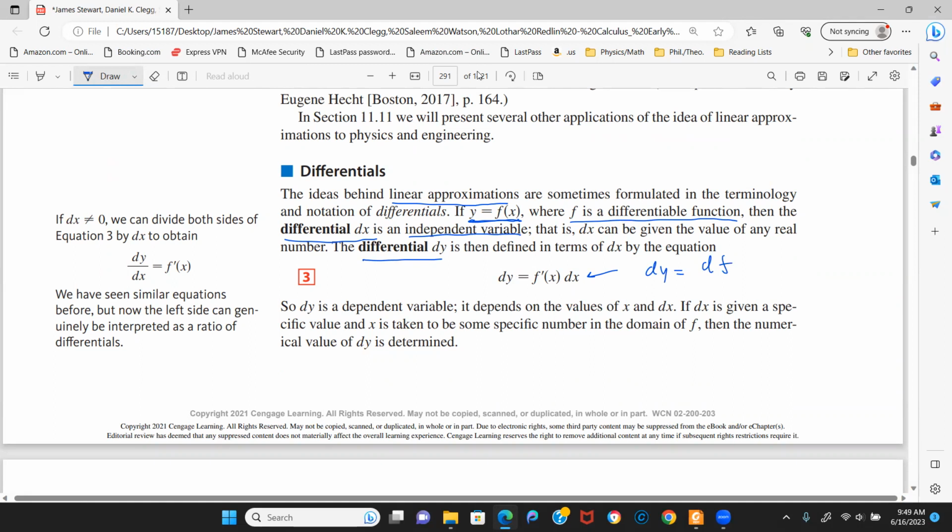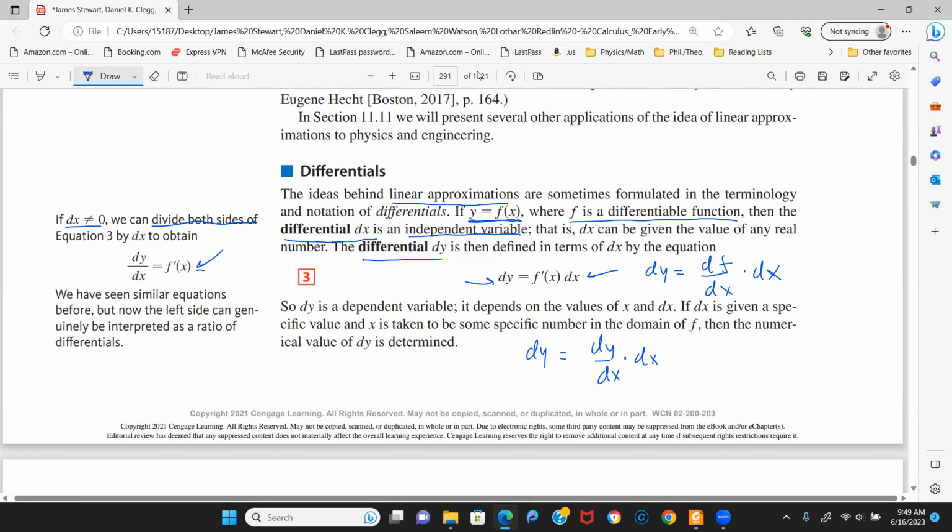We could say dy equals df over dx times dx, or because y equals f, dy equals dy/dx times dx. And if dx is non-zero, it's a number, a quantity, so you can divide both sides of this equation by it and obtain this.